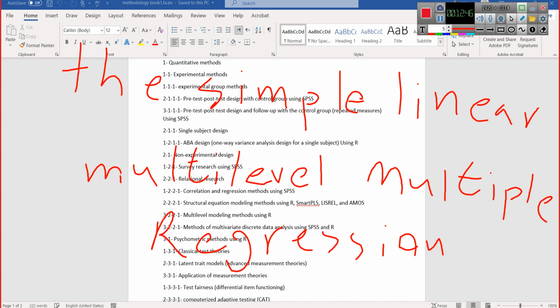That is actually a multi-level regression model, which is linear, and we have just a single criterion like the traditional regression model.